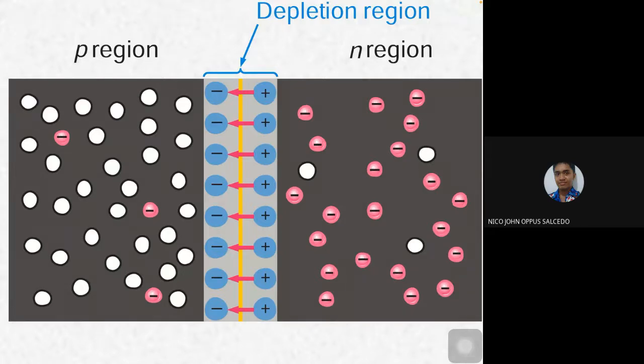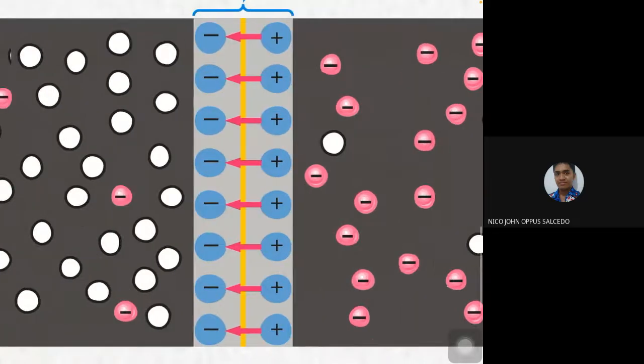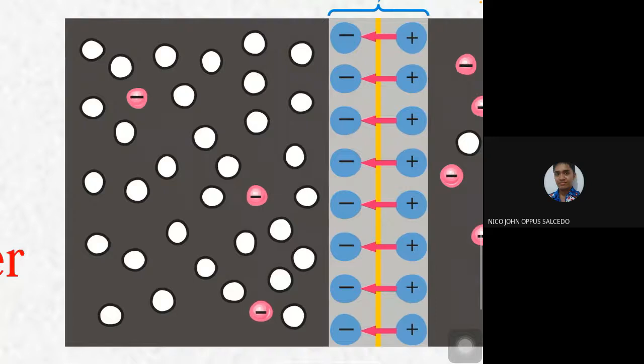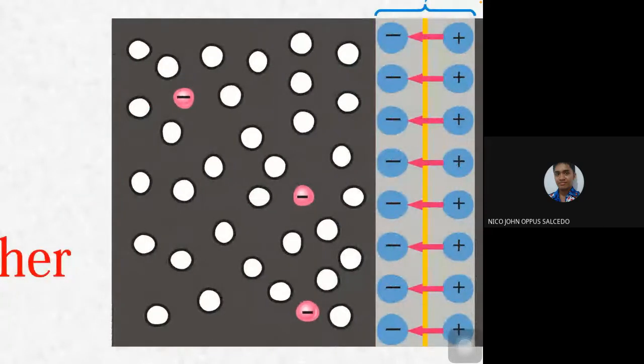The majority carrier is the amount of free elements that is present in that type of material. For example, the N-type material has a majority carrier of electrons. Electrons are more numerous than holes. Whereas the P-type material has a majority carrier of holes. So the minority carrier are electrons.